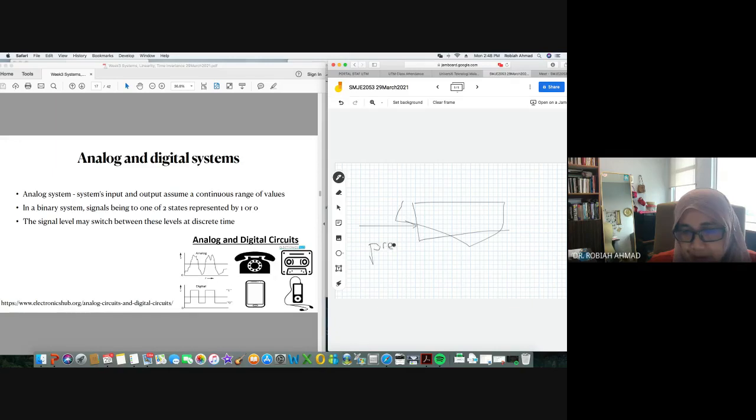Different pressure will give different output in terms of voltage. That's the piezoelectric concept.